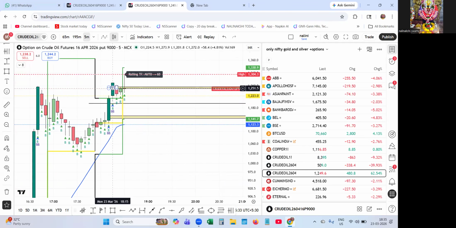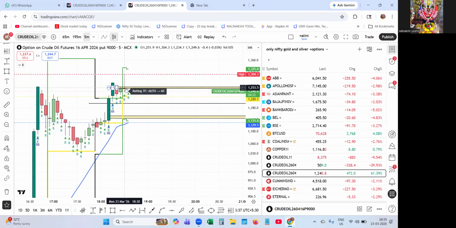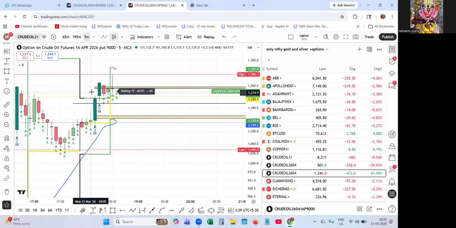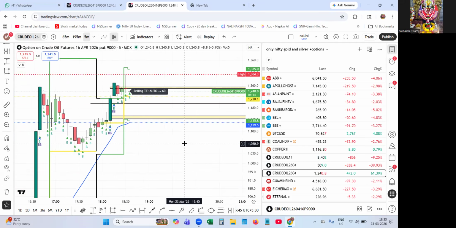Now a doji has been formed, and price is trading close. It has not closed, 4 minutes are there. It is a 5-minute candle. So you know the pivot. As long as it is above the pivot 1197, you can trade better.